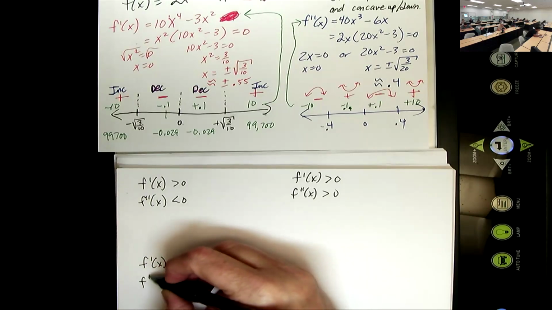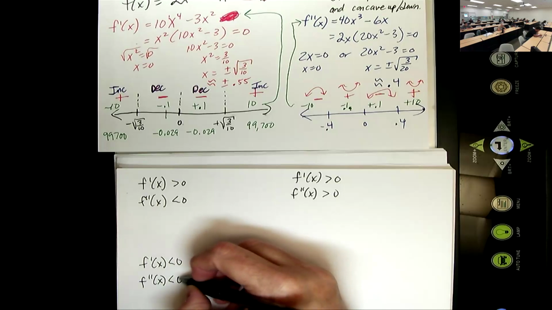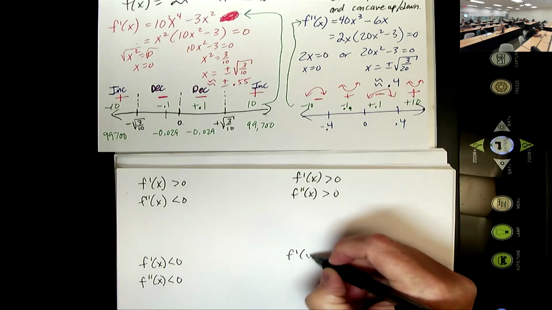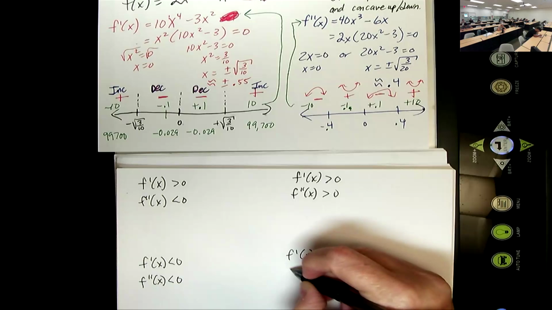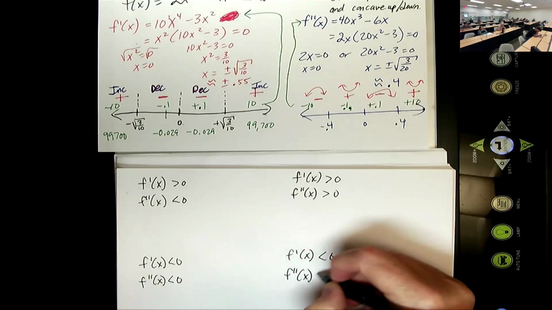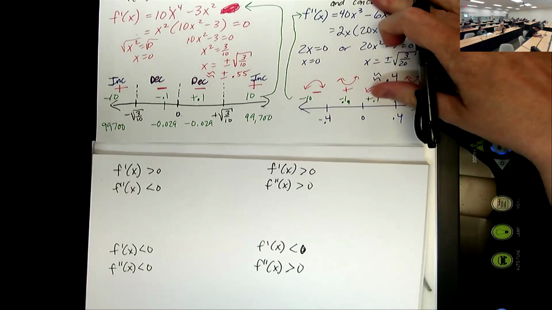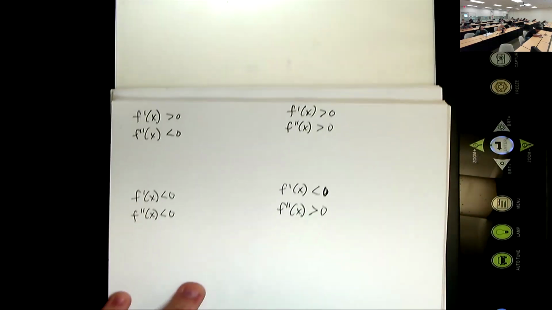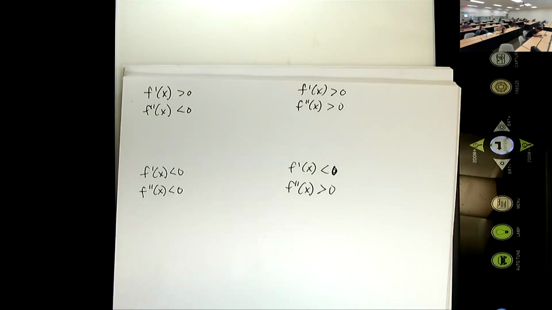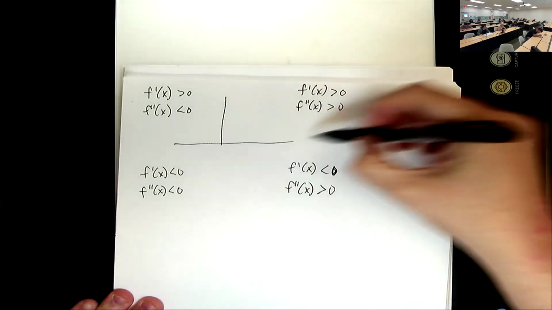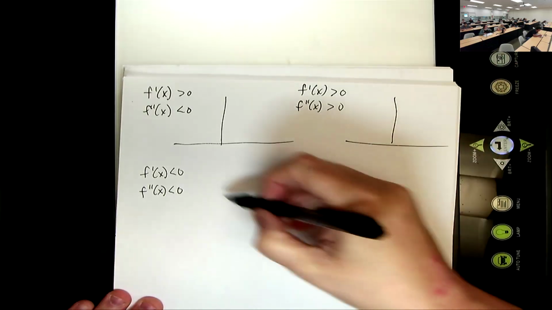Let's do both of them negative here. And let's do f prime negative here, but f double prime is positive. And I'll sketch a little sample graph of what each of those will look like.